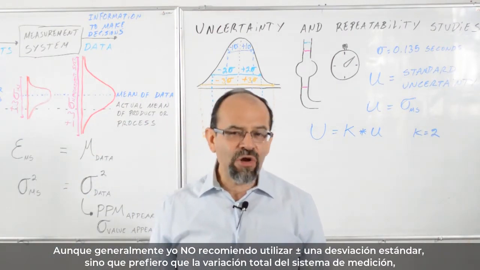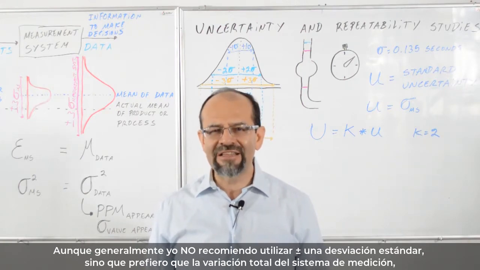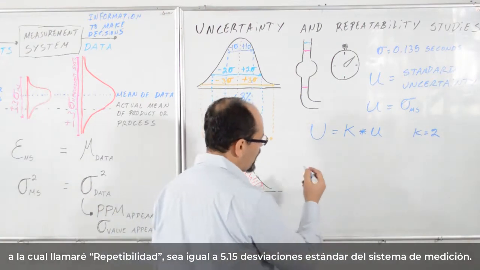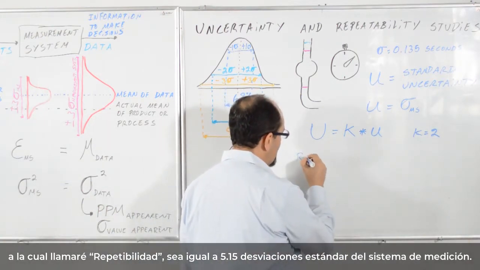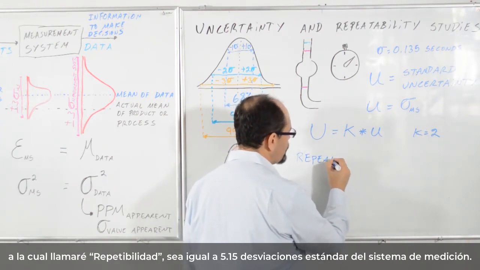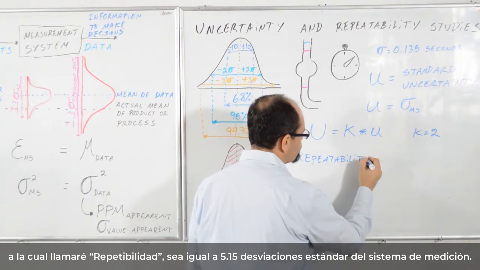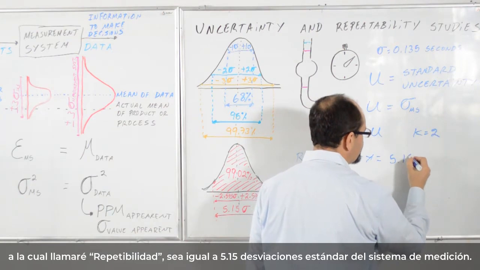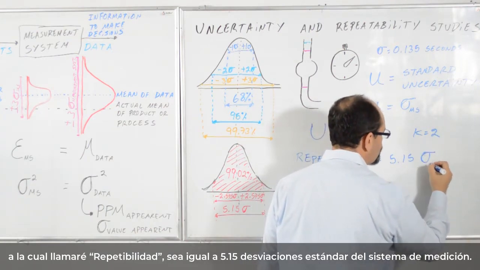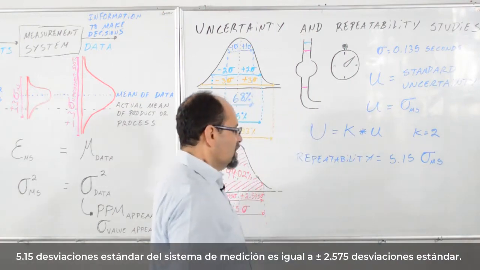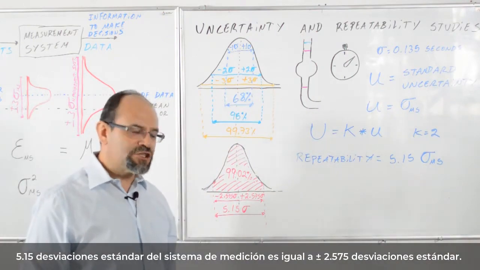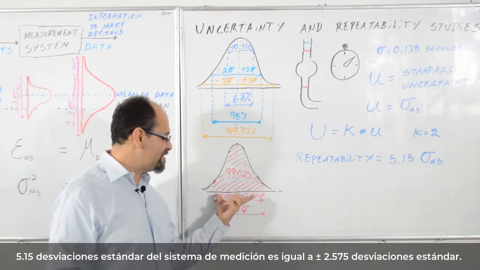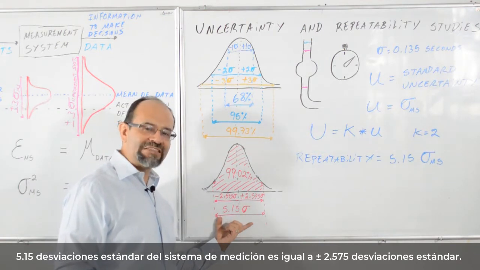Well, usually, what I recommend is not to use plus minus 1 standard deviation, but the total variability of the measurement system can be what I will be calling repeatability. And the repeatability is equal to 5.15 standard deviations of the measurement system, that is plus minus 2.575 standard deviations, leading to 5.15 standard deviations.